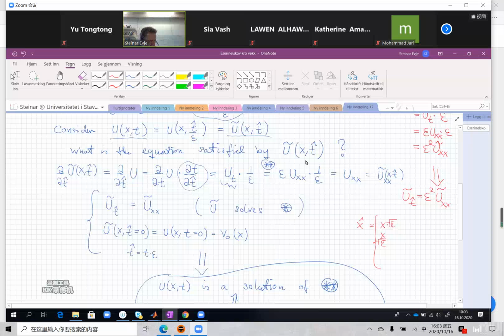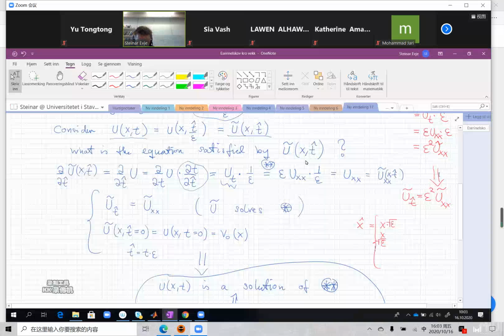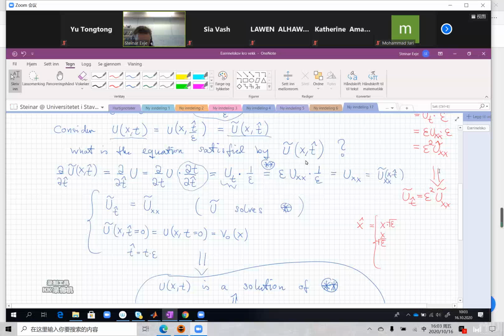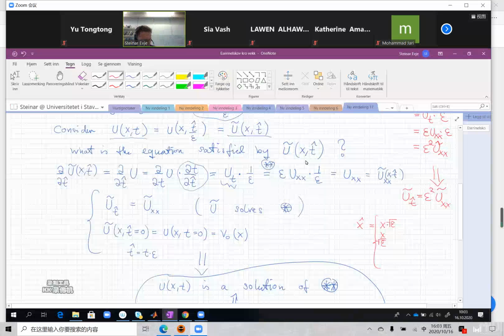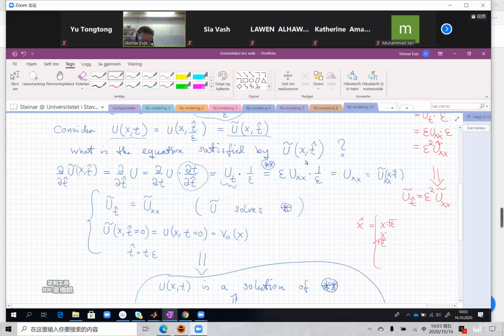So it will give us the product, which will give us epsilon. If we used epsilon, then that would not work. So you see the point here: we have to use root of epsilon since we have two derivatives in x. And either you should multiply or you should divide. You have to do the calculations to check that, but at the end of the day, it should give the same answer.